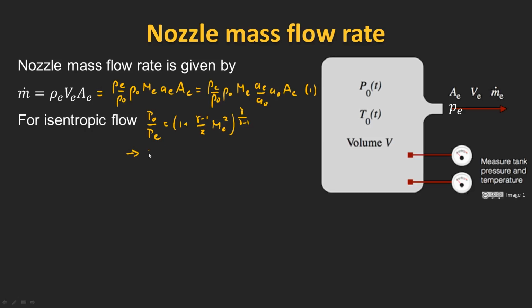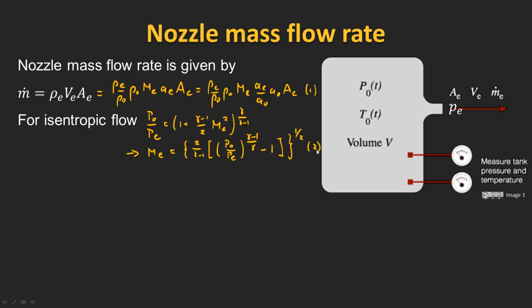We can solve this for the exit Mach number. It's going to be equal to 2 over gamma minus 1 times our pressure ratio to the power of gamma minus 1 over gamma, minus 1, all to the power of 1/2, which we'll label equation 2.